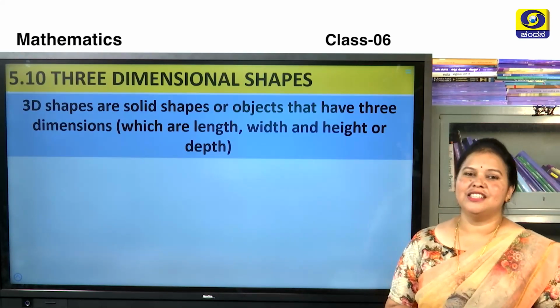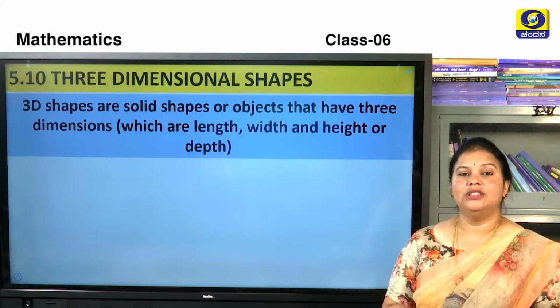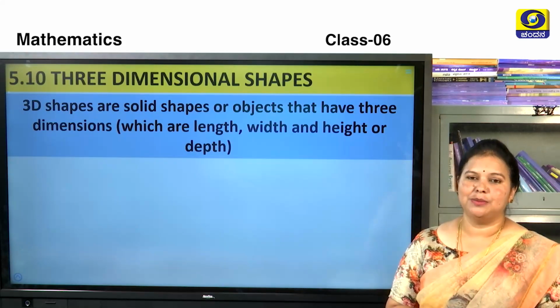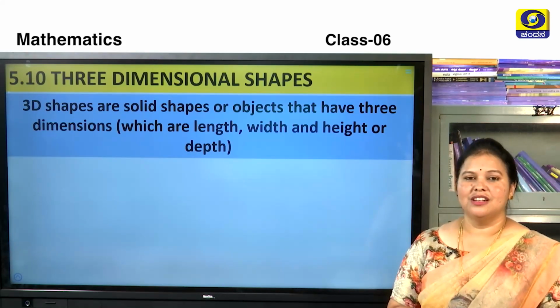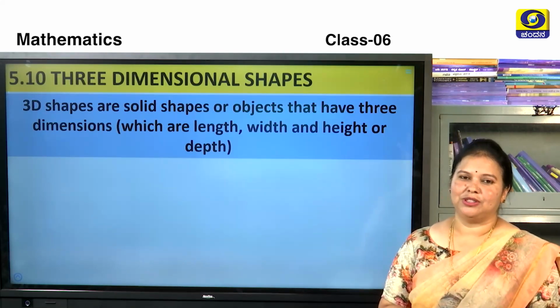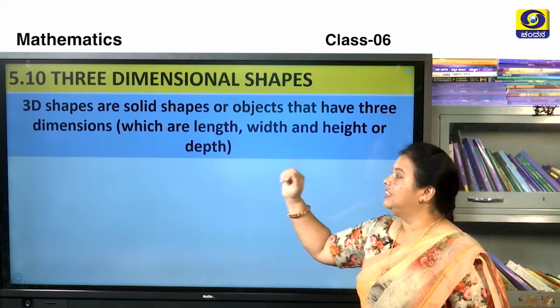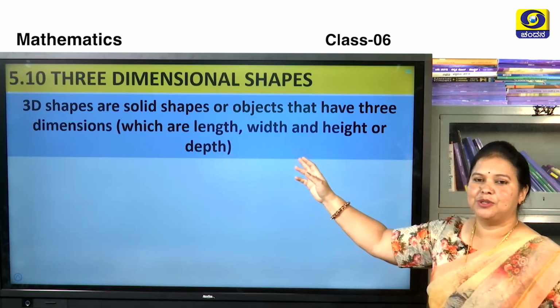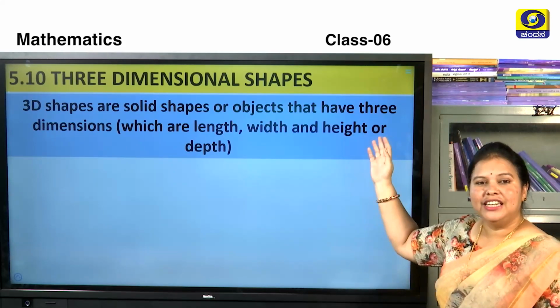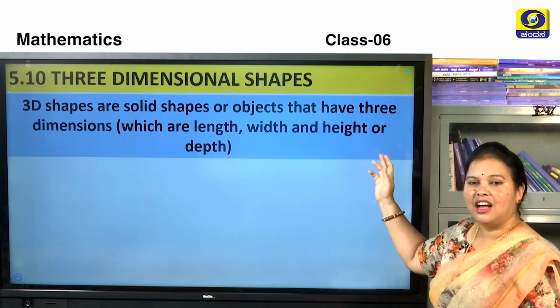Now let us understand what are three-dimensional shapes. Three-dimensional shapes are the shapes with three dimensions such as length, breadth and height or depth. So, we can define 3D shapes like this. 3D shapes are solid shapes or objects that have three dimensions which are length, width and height or depth.